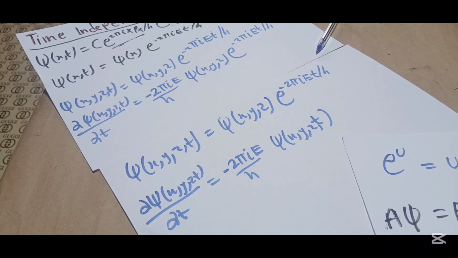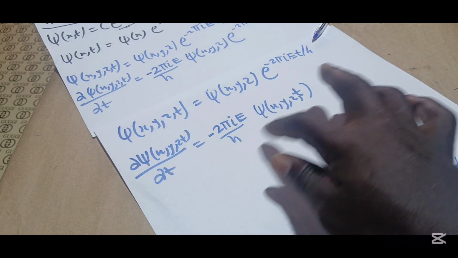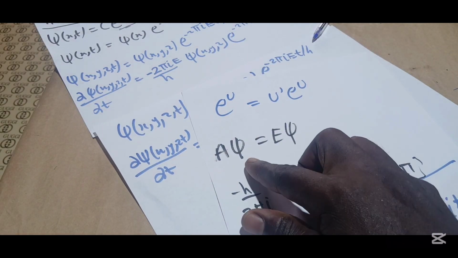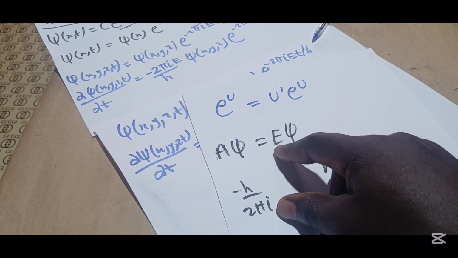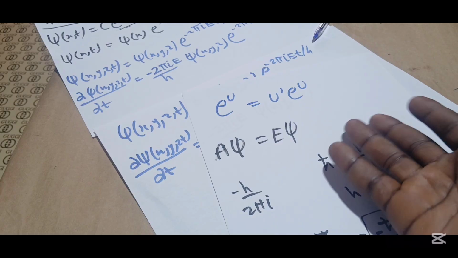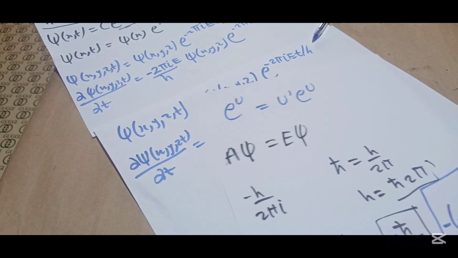So now the next thing we want to do is to rearrange this equation in the form of an eigenvalue equation. We want to rearrange it so that the total energy of the system will be on one side with the wave function, and the remaining terms will be on the other side of the wave function.